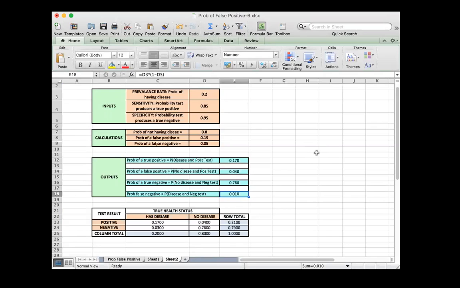So it's multiplying the prevalence rate of having the disease. Shouldn't it be times 0.8, 1 minus 0.2? See, this is the probability of disease and a negative test.